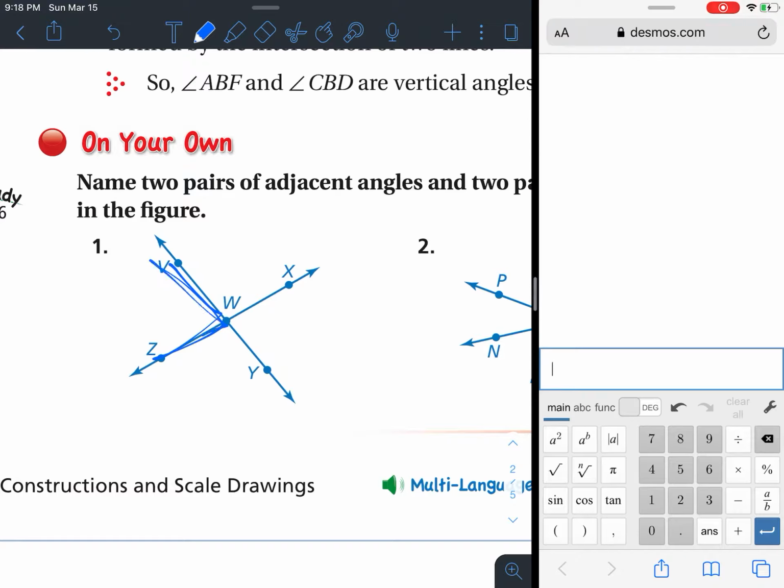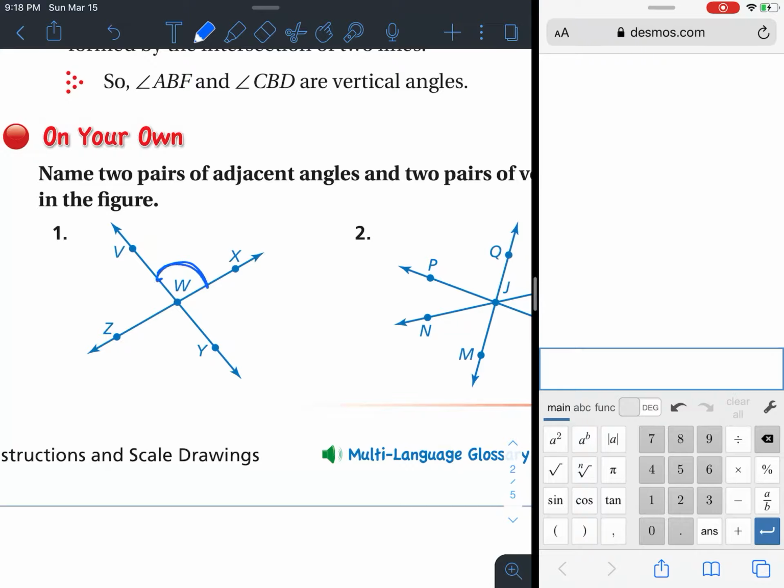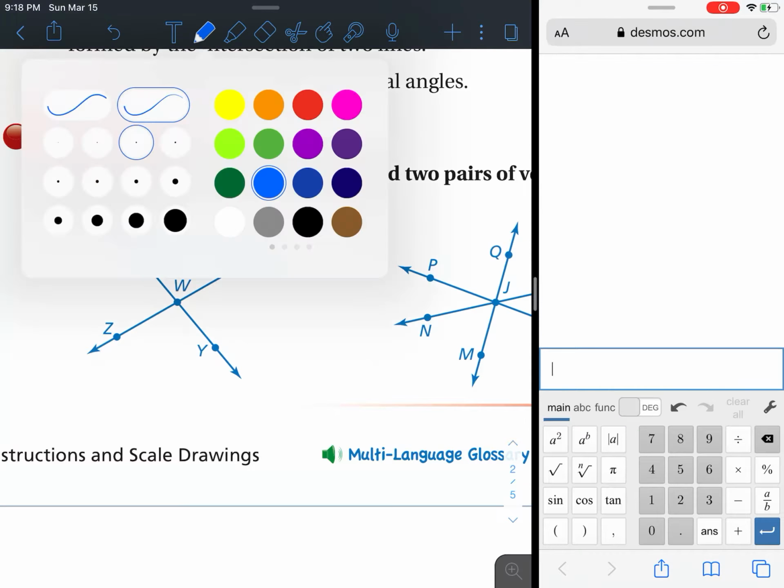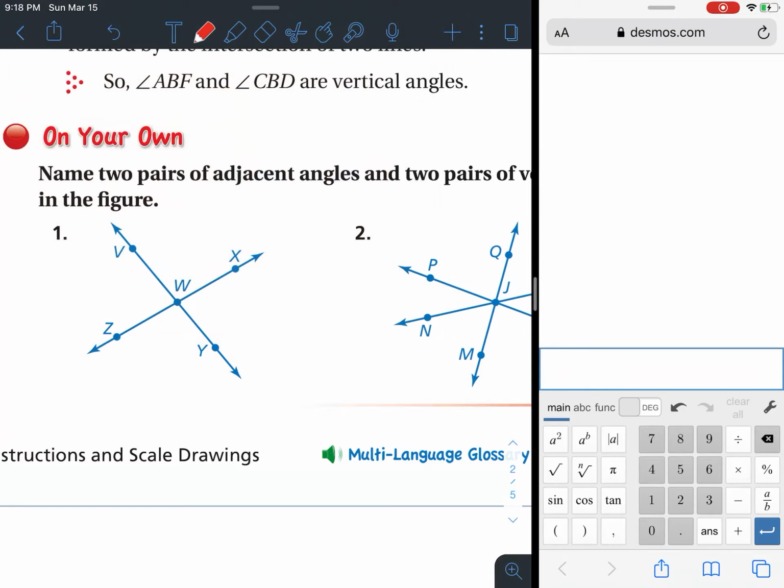Then vertical angles would be this side, that's VWX, and then this one across from it, ZWY. That would be one set. And then the other pair would be XWY and VWZ. So they only share the center.